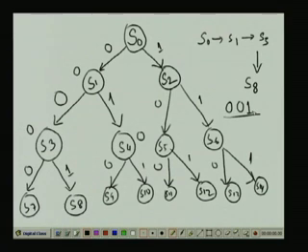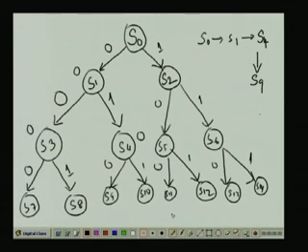Now similarly, if it is S0, S1, S4, S9, see 0 has come, then 1, then again 0. So if it is S0, S1, S4, S9, this transition, then 0 1 0, that string will be identified.